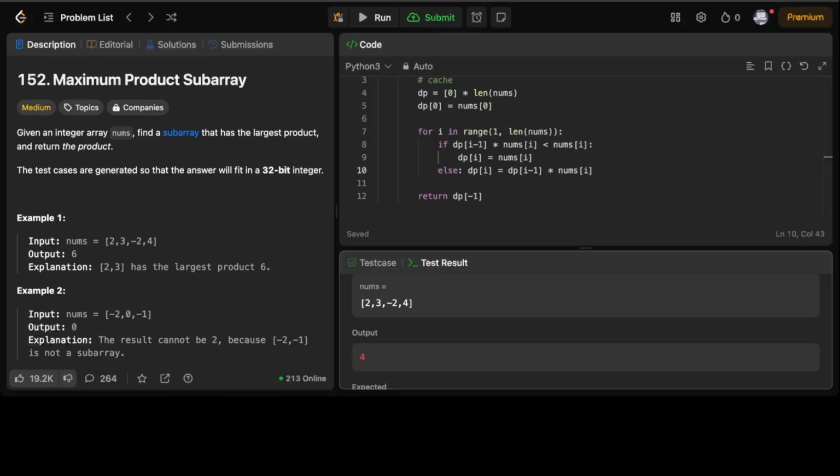What seems to be happening is that this is the max product subarray, but it's being overwritten. You're basically just losing it over all of the different iterations.